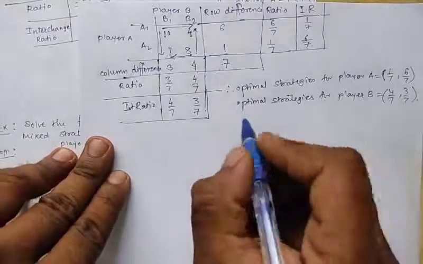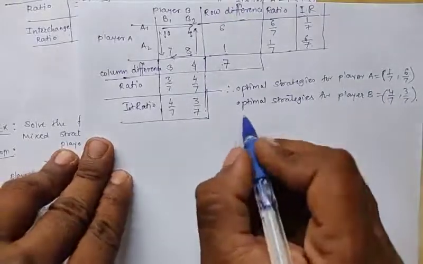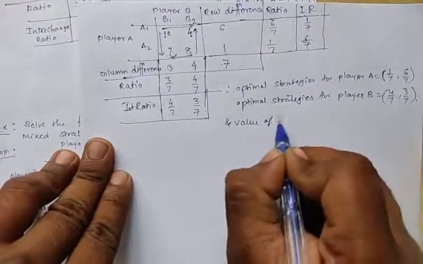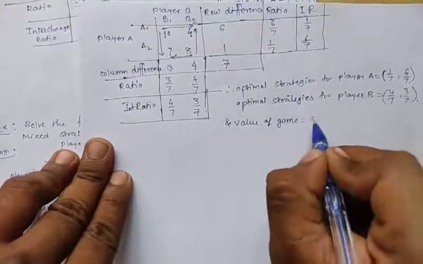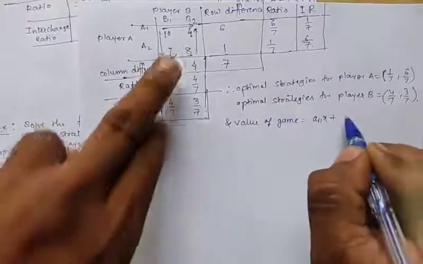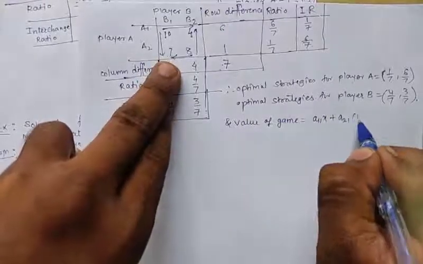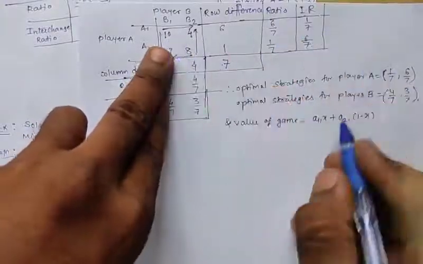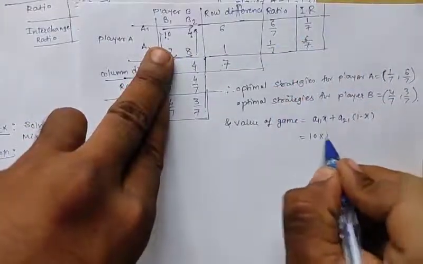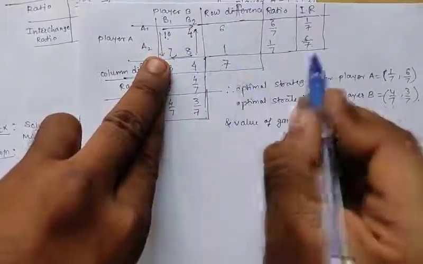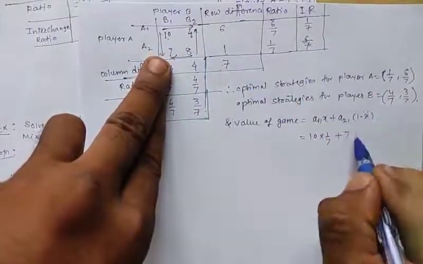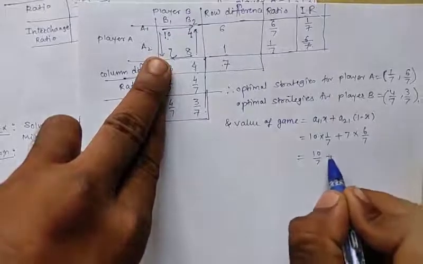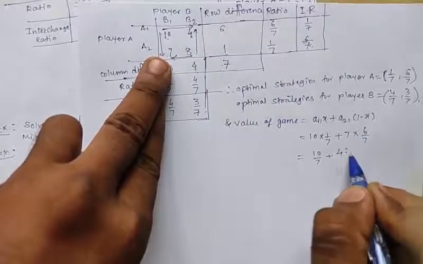Now to find out the value of game, what is the formula? a11 x plus a21 into (1 minus x). So this is 10 into 1 by 7 plus 7 into 6 by 7, so 10 upon 7 plus 42 upon 7.